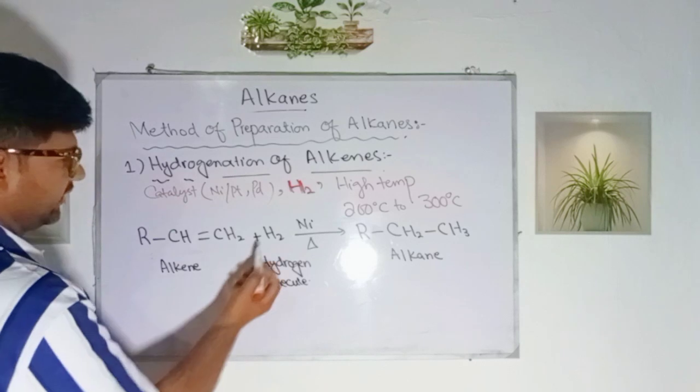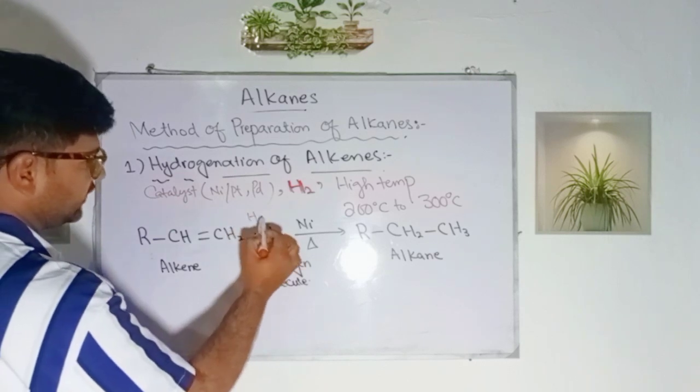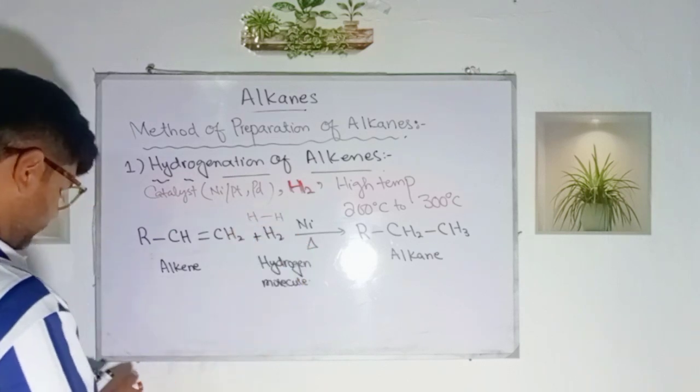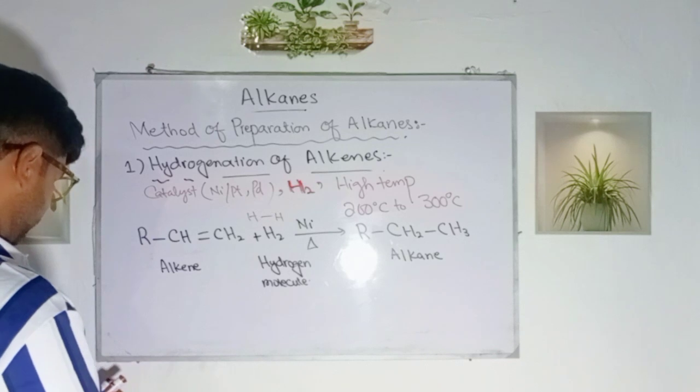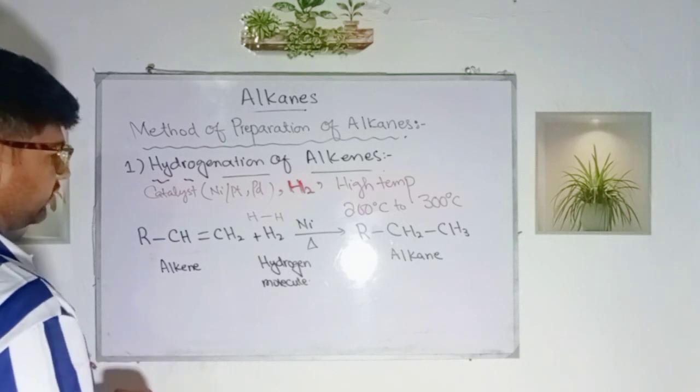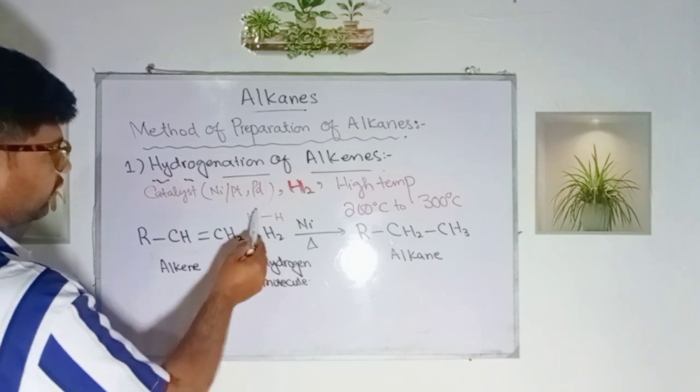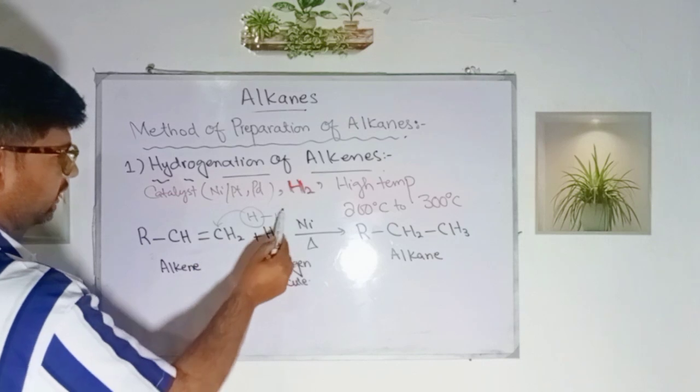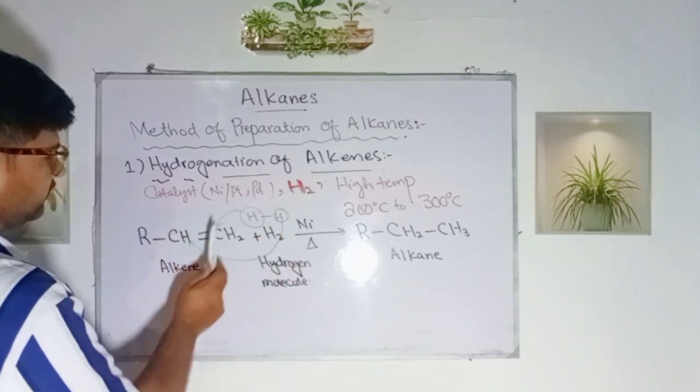Hence, you can say that this hydrogen molecule actually comprised of two hydrogen atoms, and among them, one hydrogen atom will go to each of the carbon atoms around the double bond.